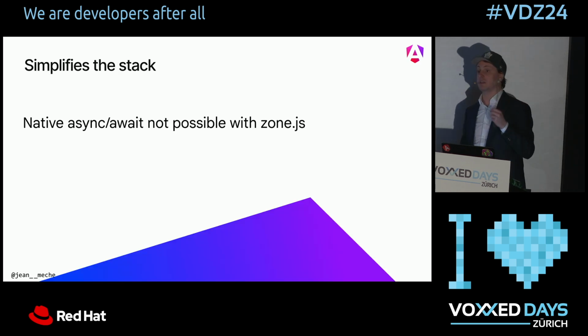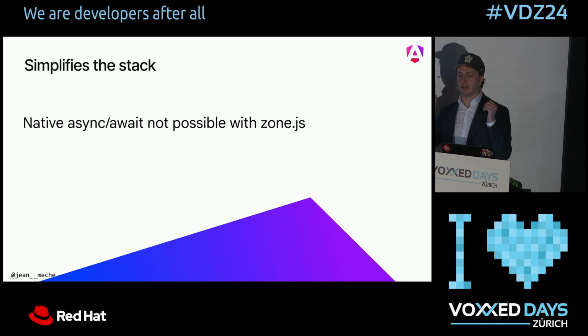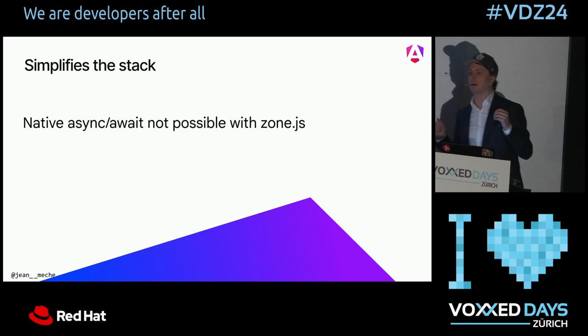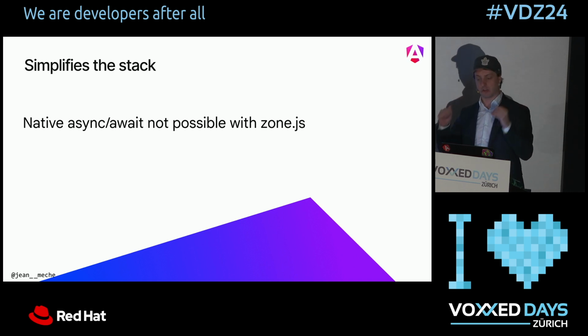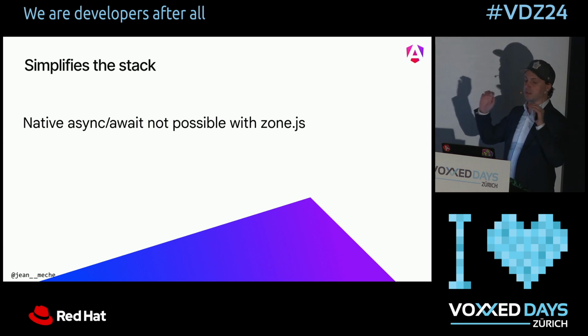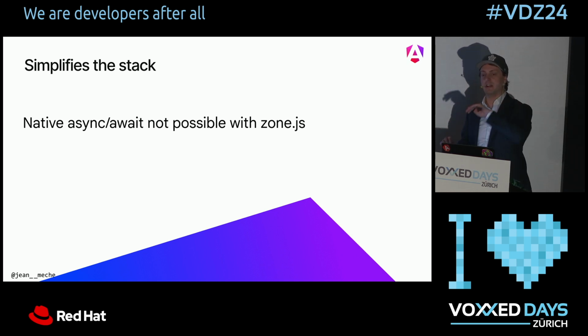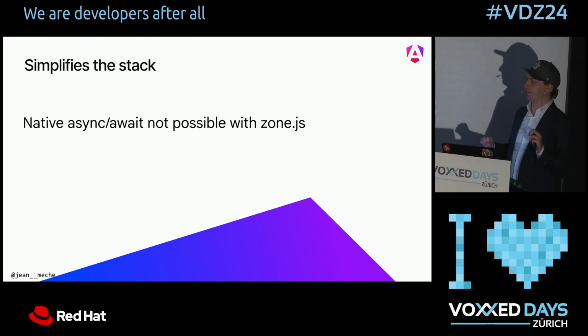And one last thing that you need to know is that Zone.js for promises can only patch the then method. It cannot patch async await functions. So what the framework does for you in the CLI, it just patches using a Babel plugin and replaces every async await you have in your code with the old then.